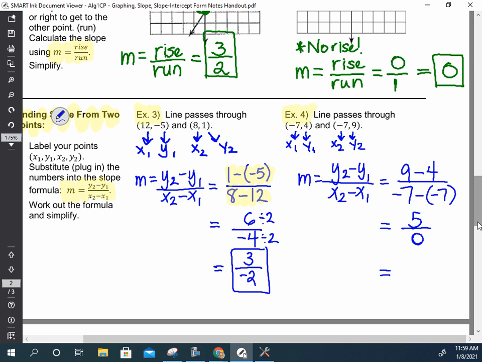Can you divide by 0? No. That means there's two words that you can use. There's no slope, or what's that other word that begins with the U? Undefined.